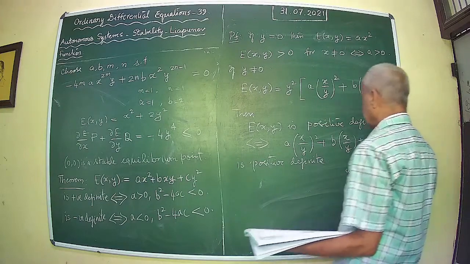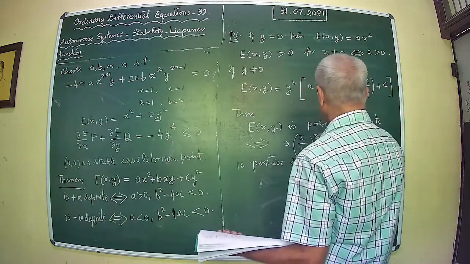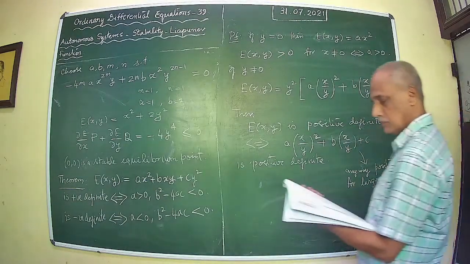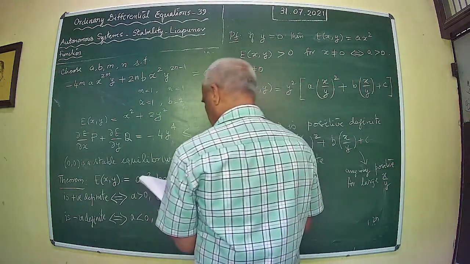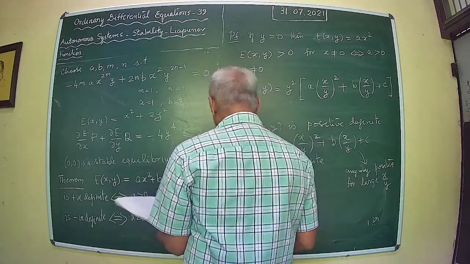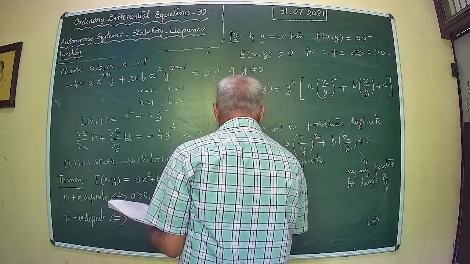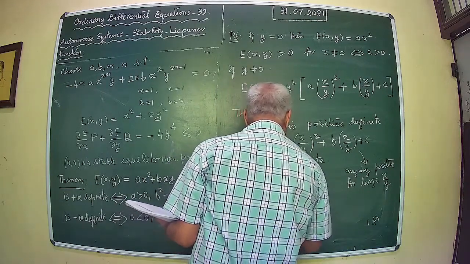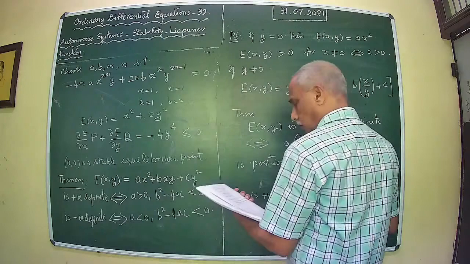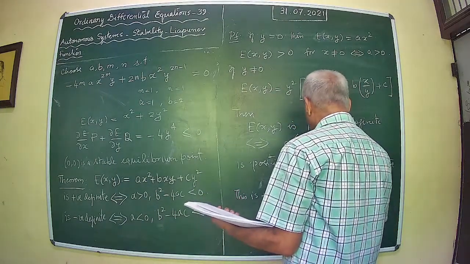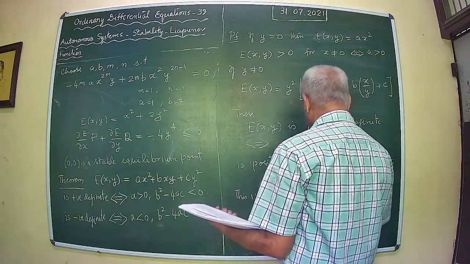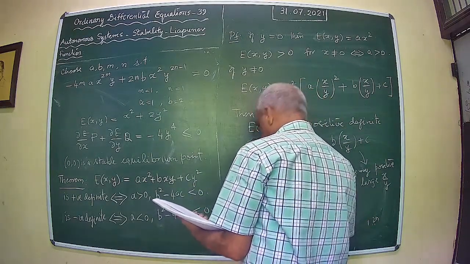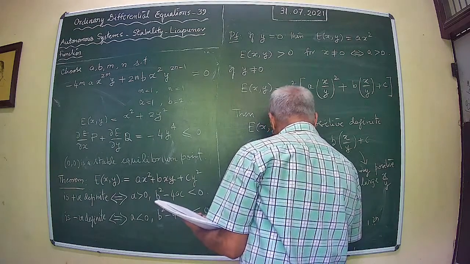That is because higher powers of x by y comes there. Okay. Now this is positive for all x by y if and only if b square minus 4ac is negative.